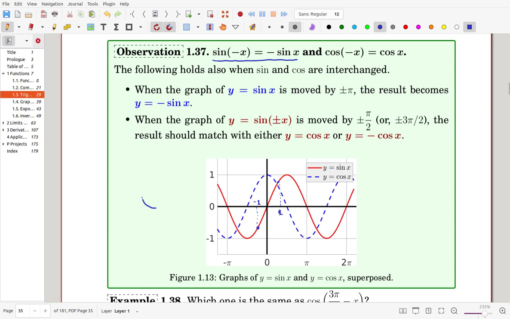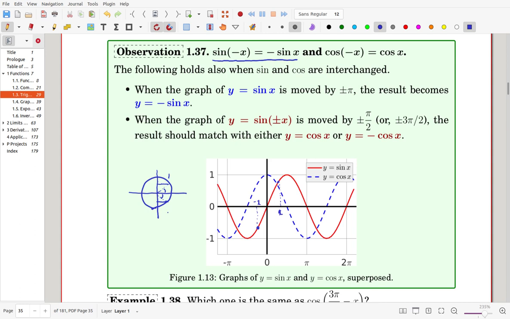Sine is defined as the vertical component. Sine x, and if you go to minus x, then this value and that value, this value is the negation of that one. You can easily see that, here is x and this is minus x.